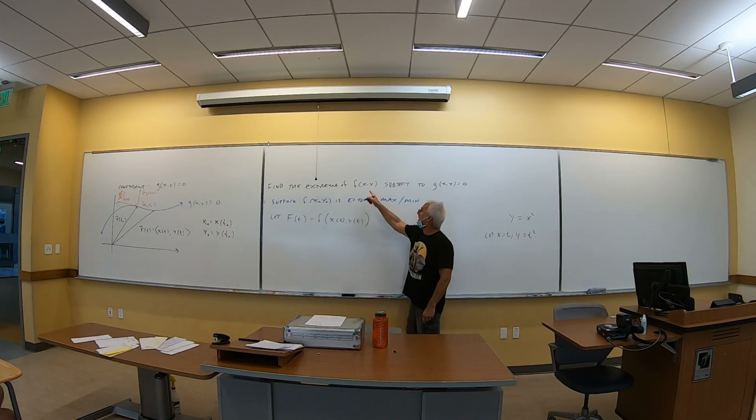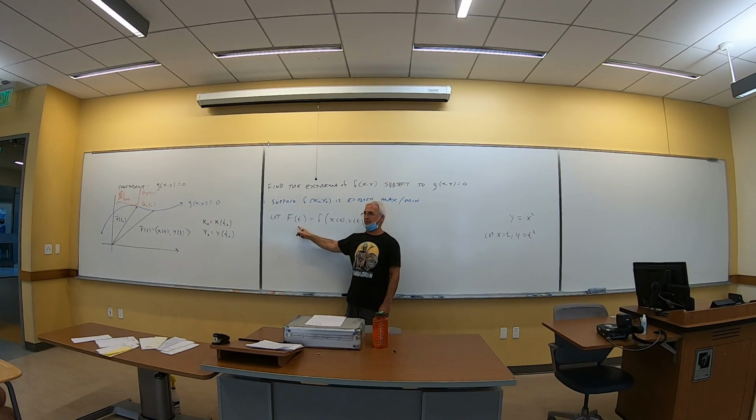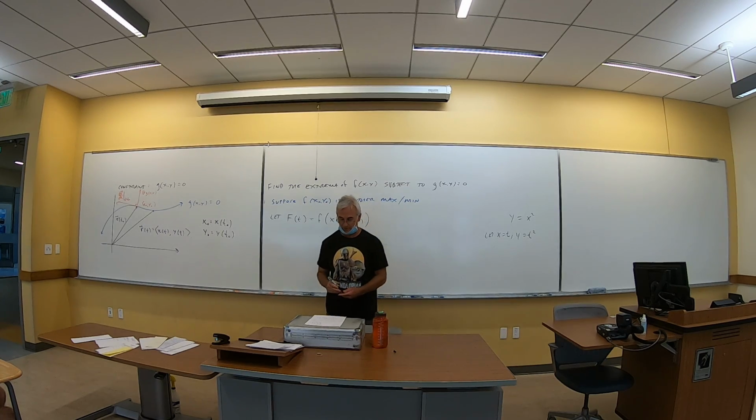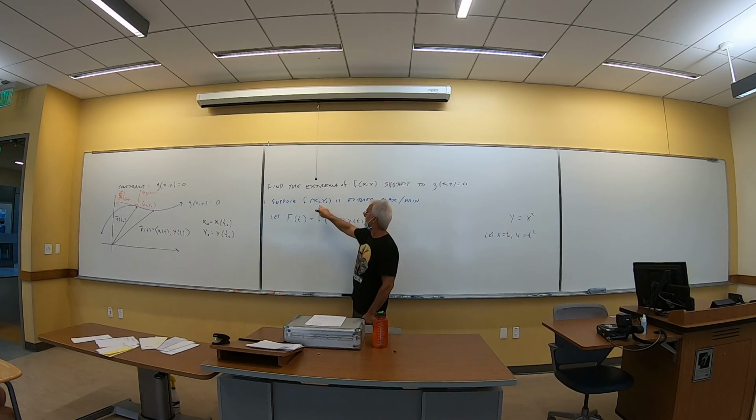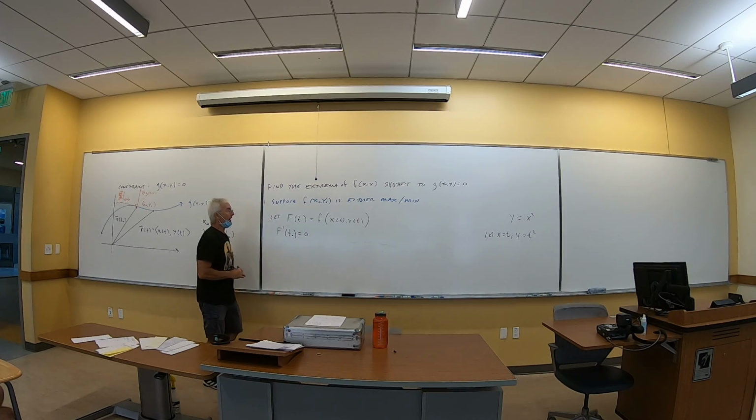So I'm just going to say x is x of t and y is y of t. Boom. So this is what I'm dealing with. I call it big F because big F is now a function of only one variable. Understanding that the maximum or minimum is going to occur very specifically here, at t naught, here's what I know for a fact. I know that F prime of t naught is 0. Why?